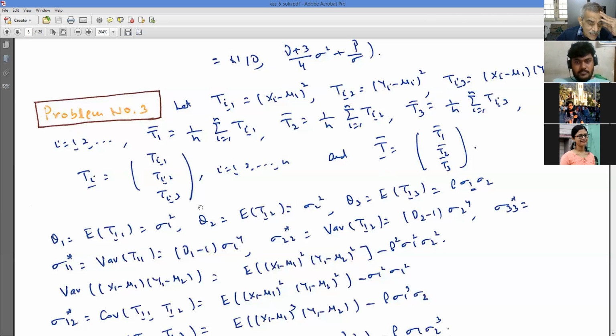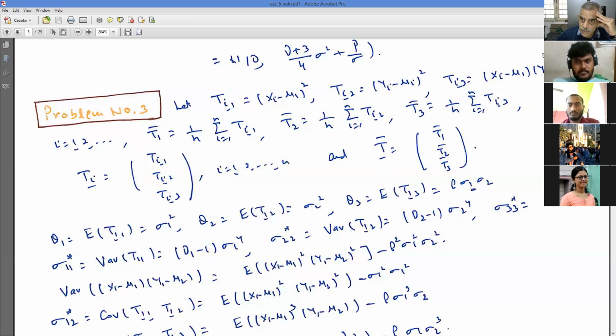Right? Theta 3, which is expected value of Ti3: expected value of (xi minus mu1) into (yi minus mu2). So this is nothing but the covariance between xi and yi, which is nothing but correlation rho times the standard deviation of xi times the standard deviation of yi. So I have got the mean vector theta 1, theta 2, theta 3.